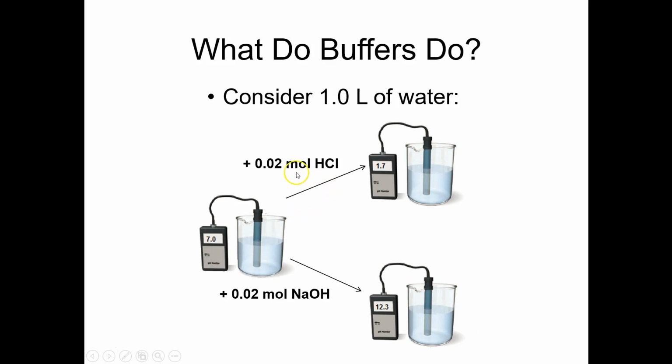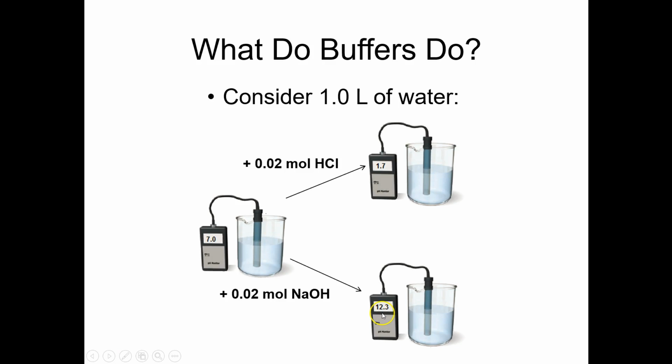If I add just 0.02 moles of hydrochloric acid to that, so I'm making a 0.02 molar hydrochloric acid solution in water, the pH is going to go down a lot. It's going to go down from 7 to 1.7, because 1.7 is the negative log of 0.02. If I add 0.02 moles of sodium hydroxide to pure water, the opposite thing is going to happen.